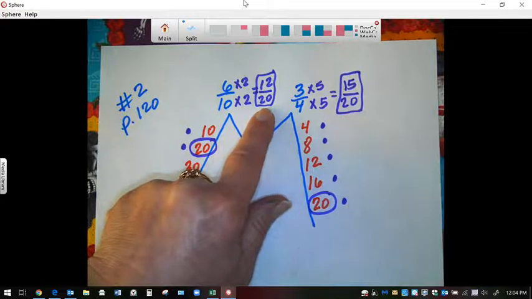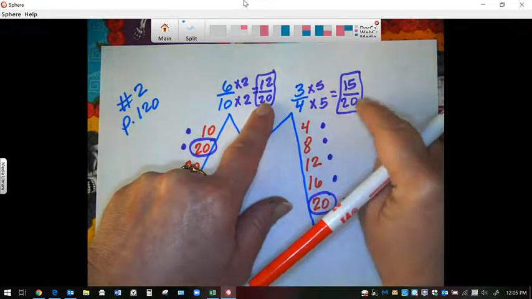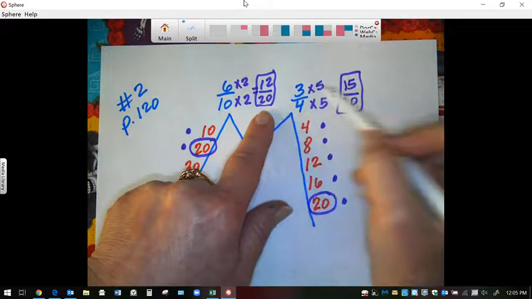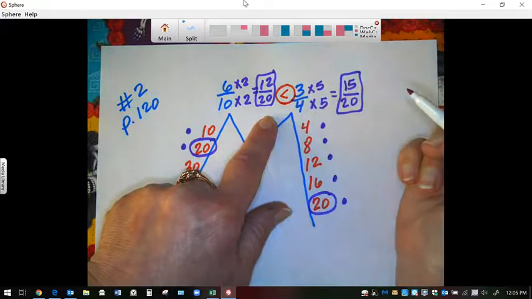The same denominator. Okay? And if we look at the numerators, you know that 12 is less than 15.